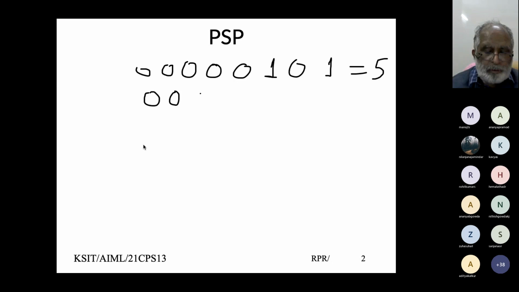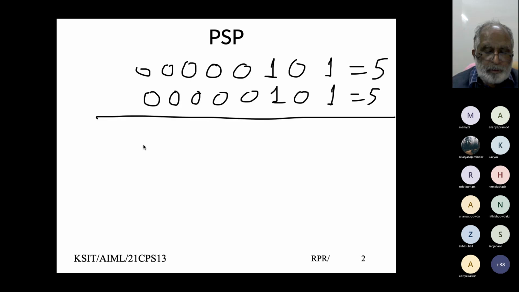Let me write plus 5, and plus 5 again. If I add, I should get 10. 1 and 1 is 0, carry 1. I get 1 here. 1 and 1 is 0, carry is 1. And then I get a result which is exactly equal to plus 10.